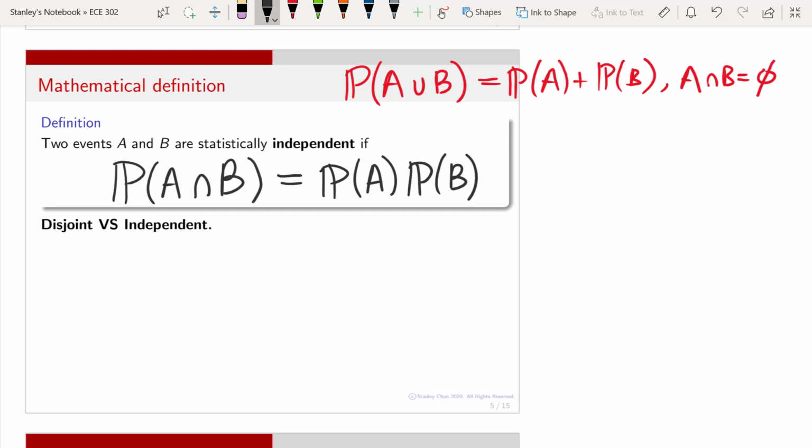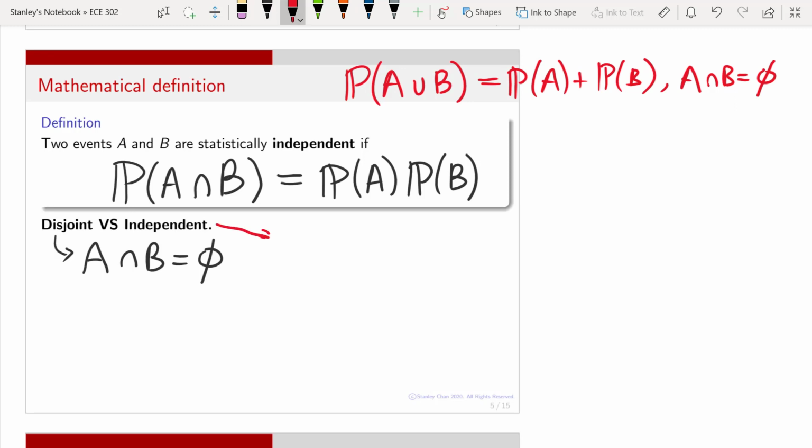And this is not limited to just disjoint sets. In fact, disjoint and independent are two completely different concepts. What is disjoint? Disjoint means that event A intersect event B is empty.